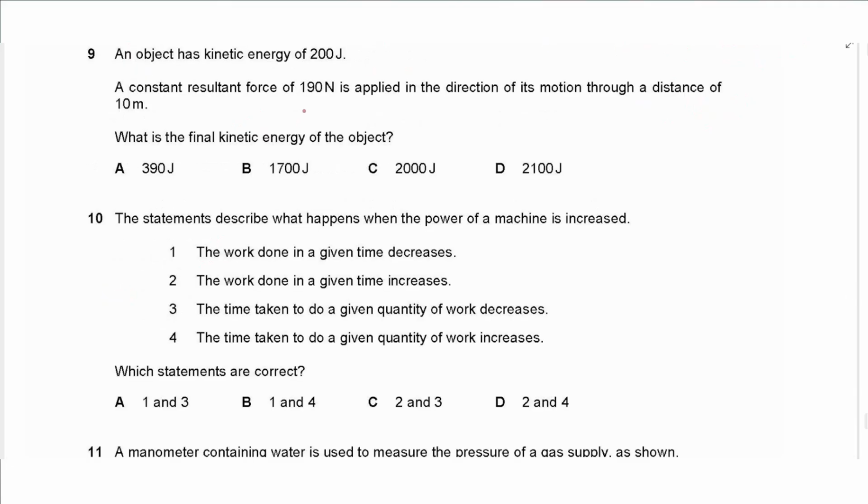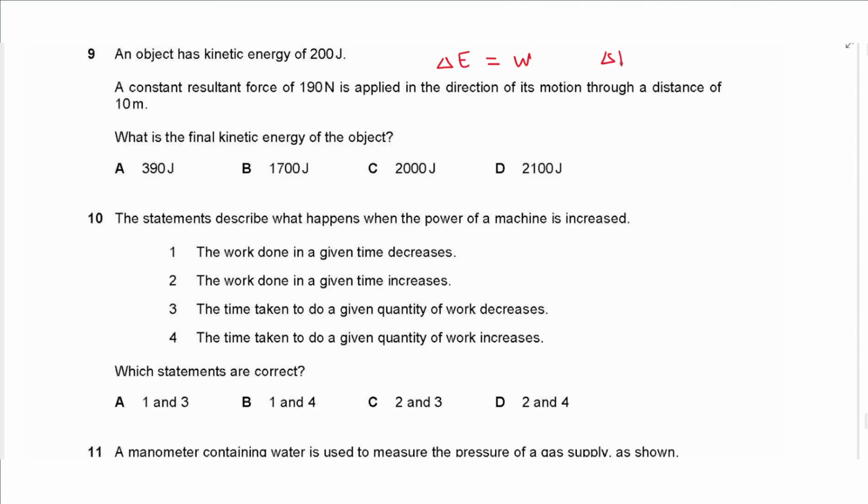Question 9 says, an object has kinetic energy of 200 joules. A constant resultant force of 100 newtons is applied in the direction of its motion. This means that the kinetic energy will increase through a distance of 10 meters. What is the final kinetic energy? So we can use the equation that the change in energy is equal to the work done.